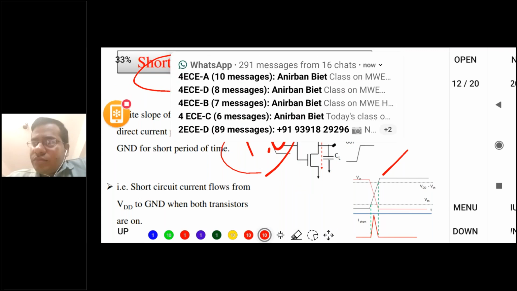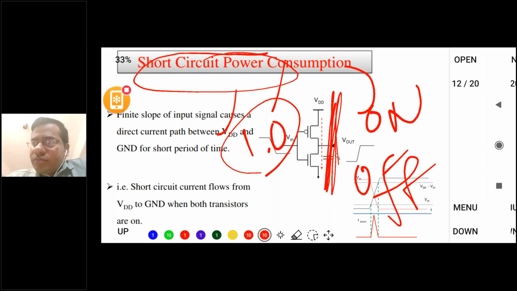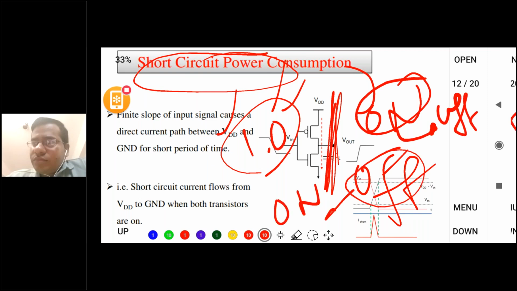But in some case, suppose this connection is available here from VDD to ground, then your circuit has short circuit power dissipation. If we assume that this transistor is in the on state and this is in the off state, and now you change the logic here, then it requires some time to change the state from on to off and off to on.